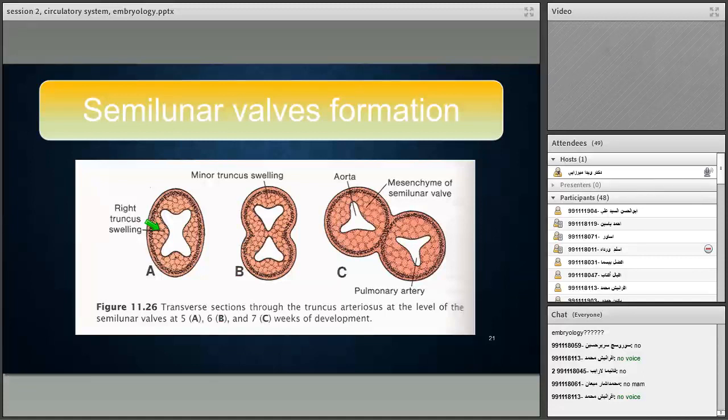Each part of the truncus arteriosus, I mean the aortic part and pulmonary part, has its own tubercles, and they are growing. Okay, look at here. Each one has one tubercle, and here we also have some common tubercles for the aortic and pulmonary ones.